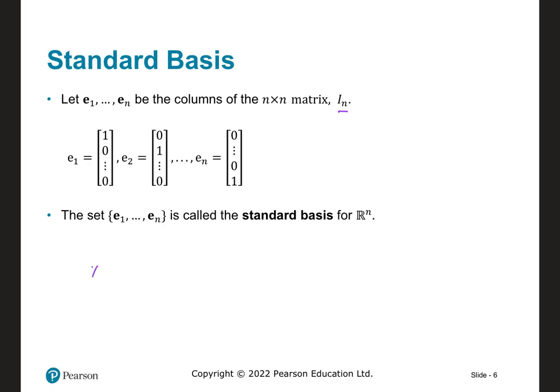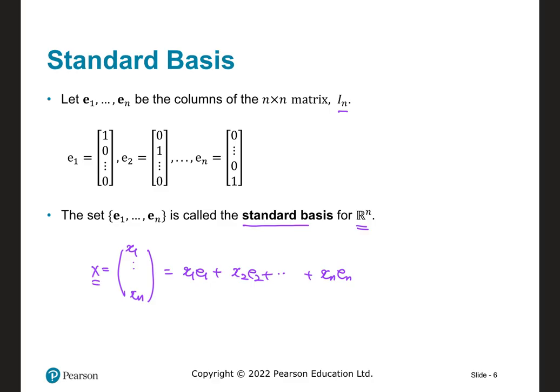Given any vector x1 up to xn, that can be written as x1 times e1 plus x2 times e2 plus up to xn times en. So any vector in Rn can be written as a linear combination of these n vectors, and those n vectors are linearly independent. So these n vectors define a basis in Rn space, and that basis is called the standard basis for Rn space.